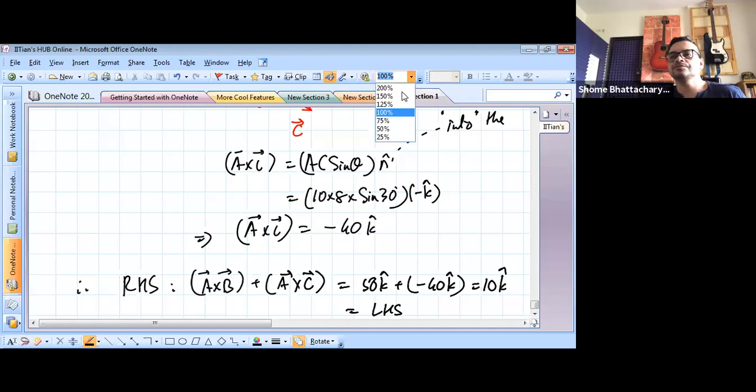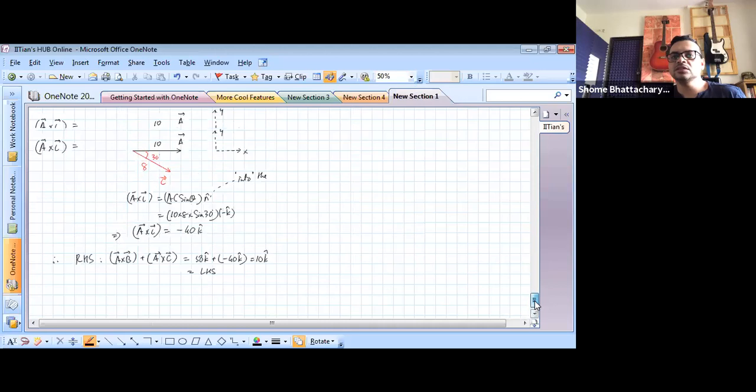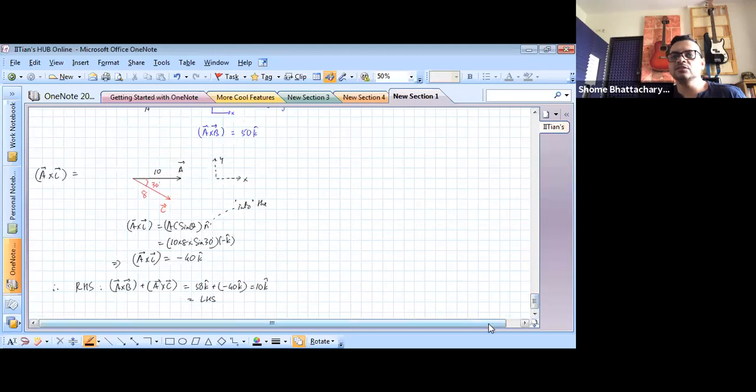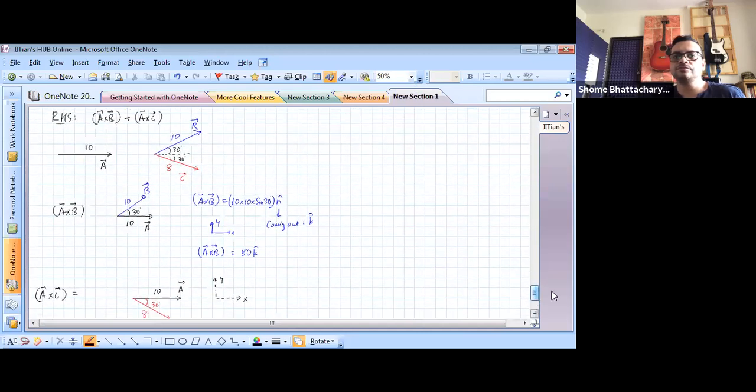Hence true. So this is how, without using any component algebra equations, just by using the basic, so-called geometrical definition of A cross B, I have got this. As I said, it's very lengthy because we are just using plain geometry to do this, but it's just one way to show why it is a distributive property. Just from its definition alone, it is distributive.